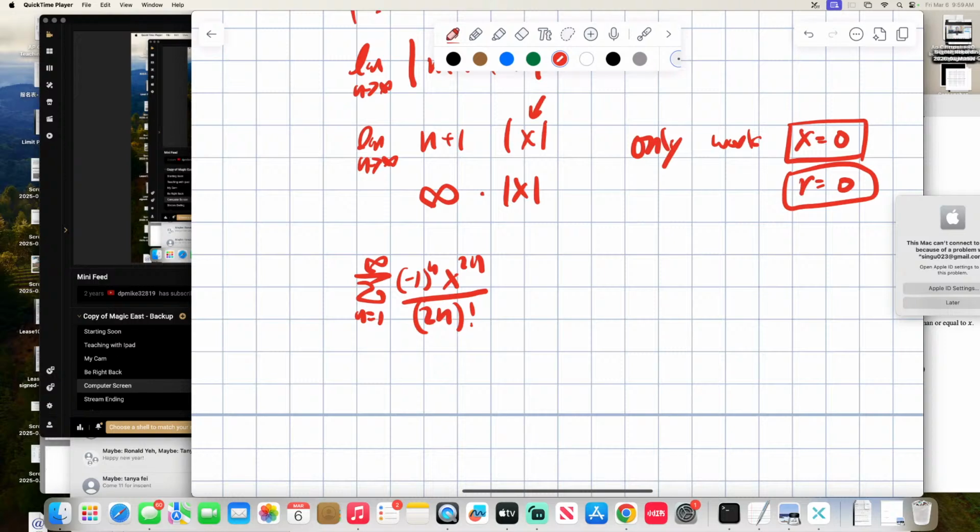By the way, which power series is this? Anybody know? Cosine. If you did the Taylor series homework I asked you to do, this is one of them.